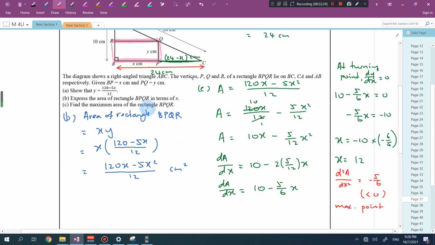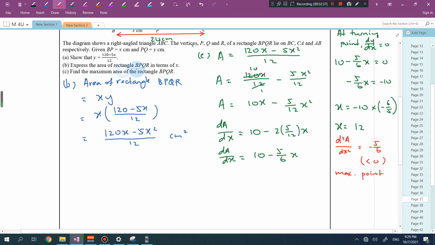So the question asks us to find the maximum area. We know that when x is equal to 12, the area of this rectangle will be maximum. So when x equals 12, what is the area of this rectangle? Maximum area of rectangle BPQR will be equal to, okay, this is the area for rectangle BPQR, right?